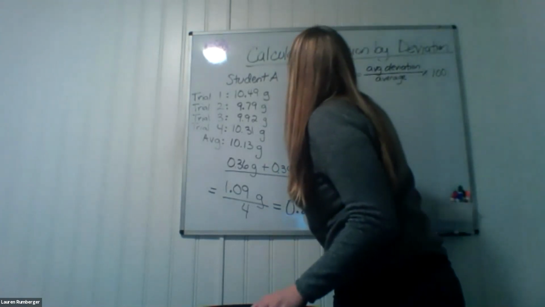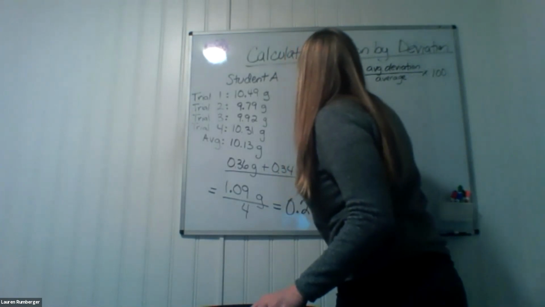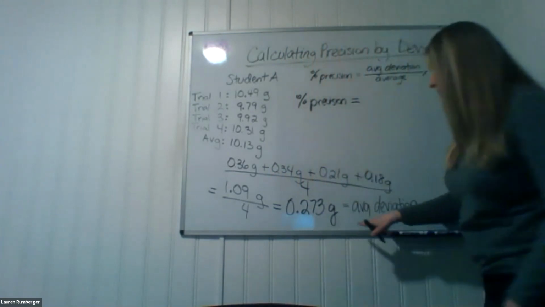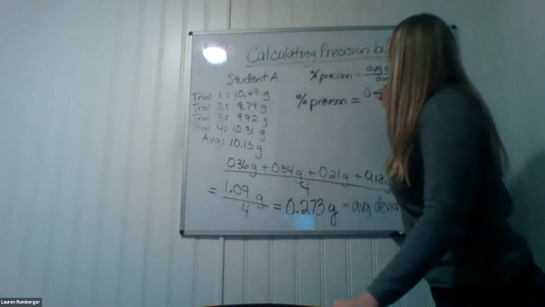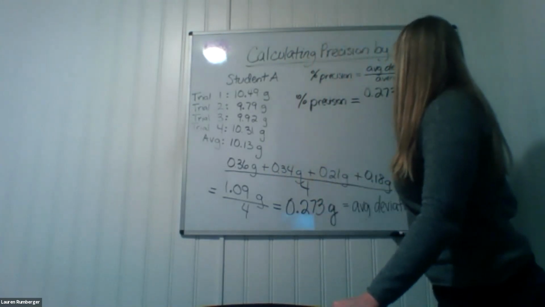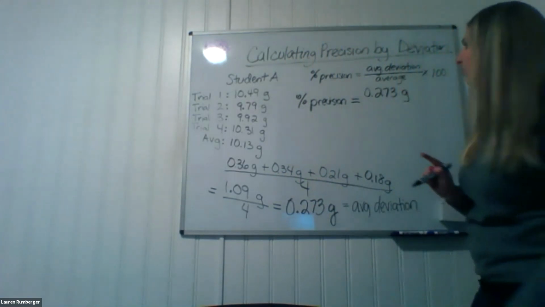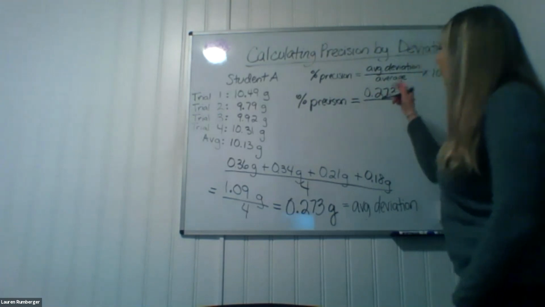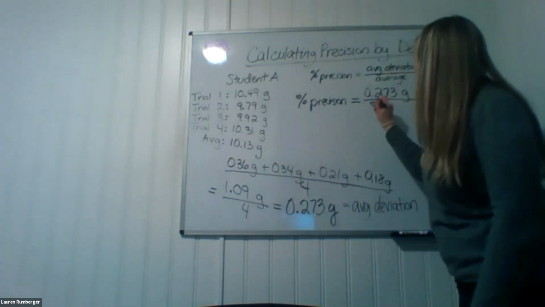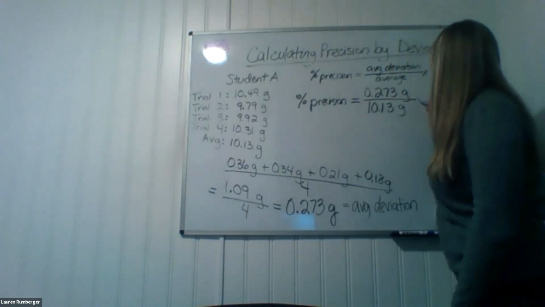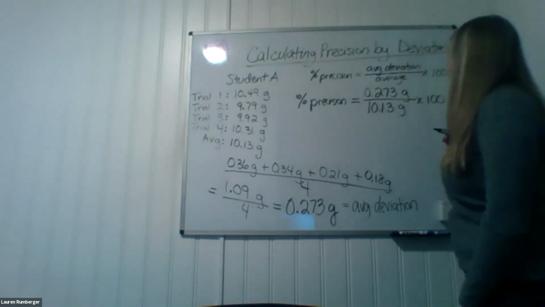Okay, so percent precision will be equal to 0.273 grams. Remember our units, every number must have a unit, divided by the average, which is 10.13 grams times 100.